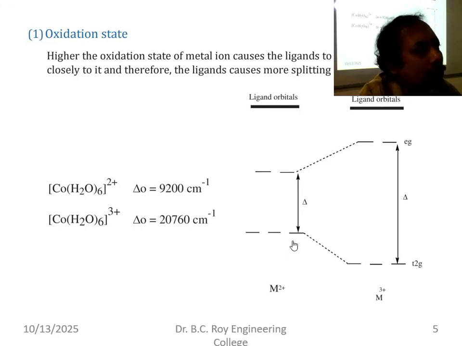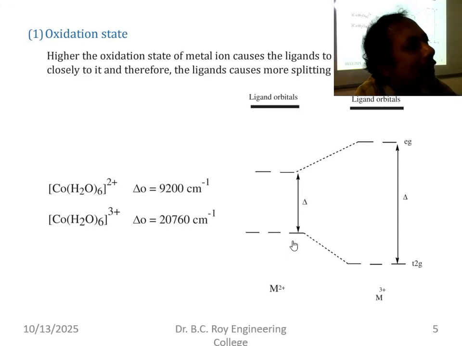The conclusion is: if the CFSE is high compared to the pairing energy, electrons will be paired up, and it is called low spin. If the CFSE is lower than the pairing energy, electrons will not be paired up and will remain unpaired only. That is called high spin.